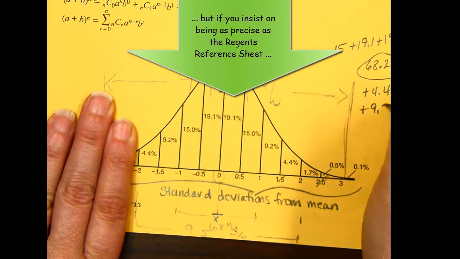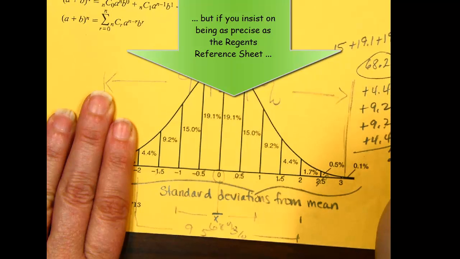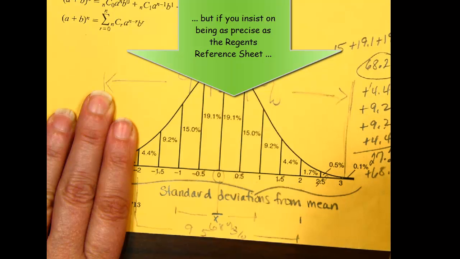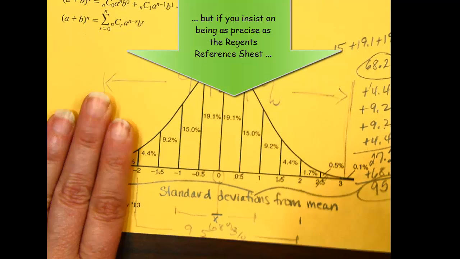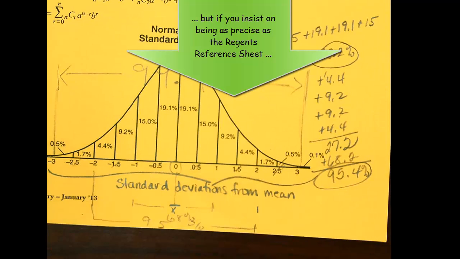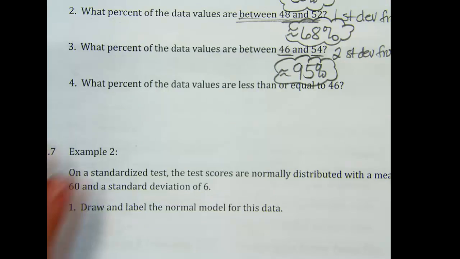And so you can just add those up from the earlier 68.2 and you get 95.4. 95 is close enough for us.